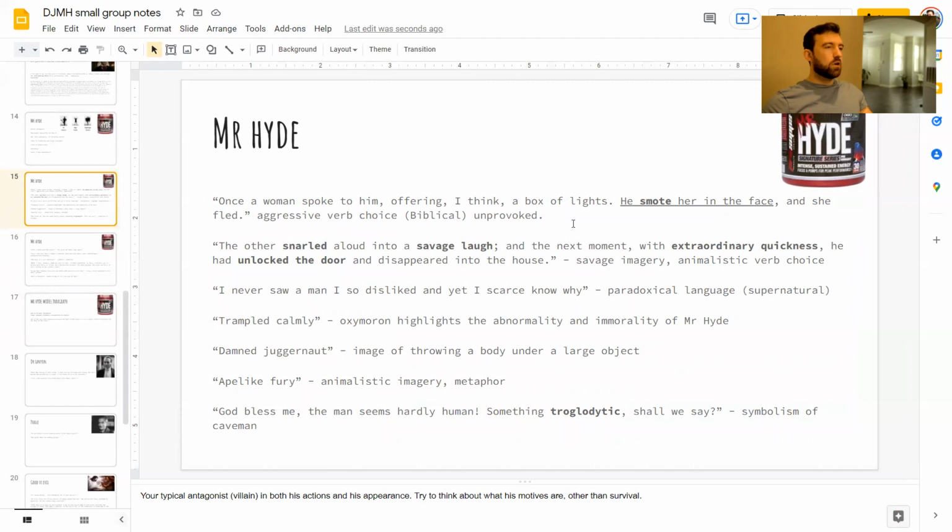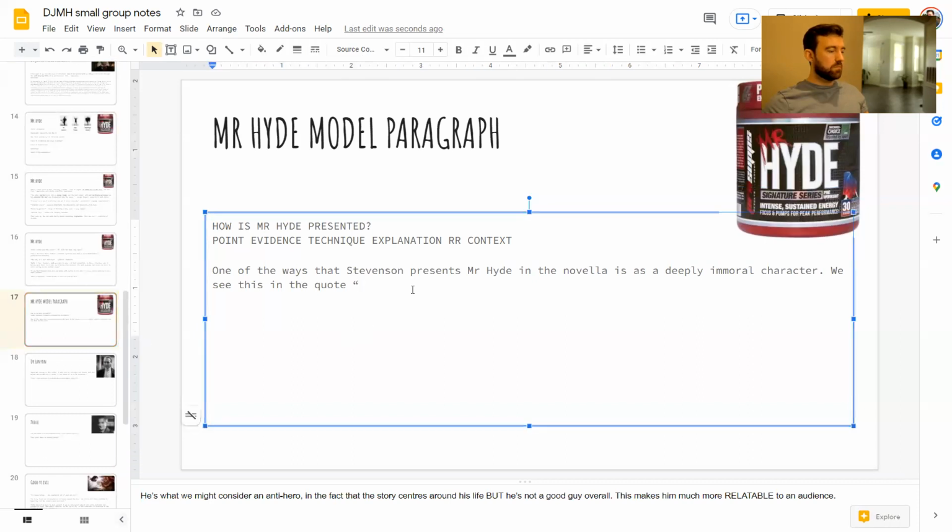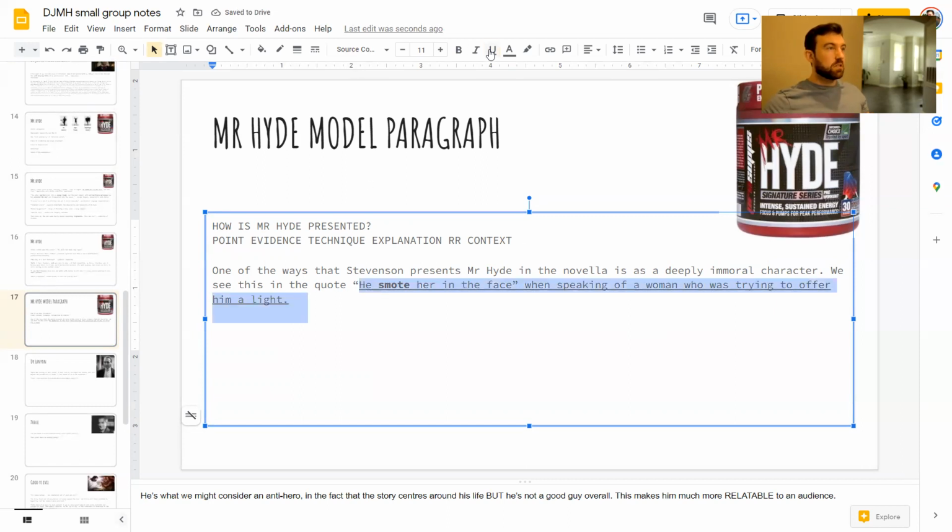Trampled calm. No, sorry, "he smote her in the face." Let's do an uncommon one first. "He smote her in the face," speaking of a woman who was trying to offer him... probably don't need underlining, do I really? Let's just take that out for a second. There we go.